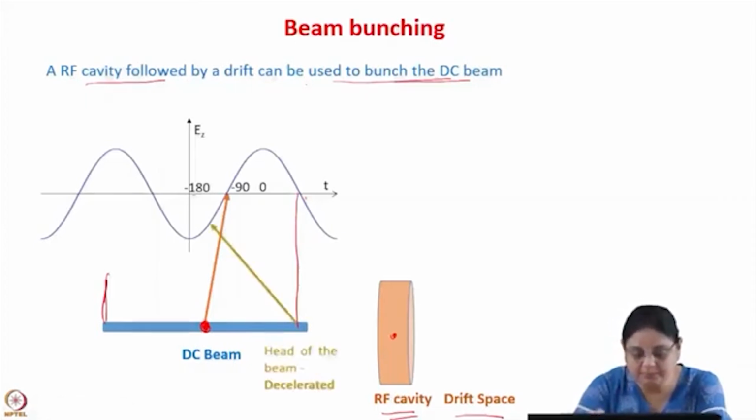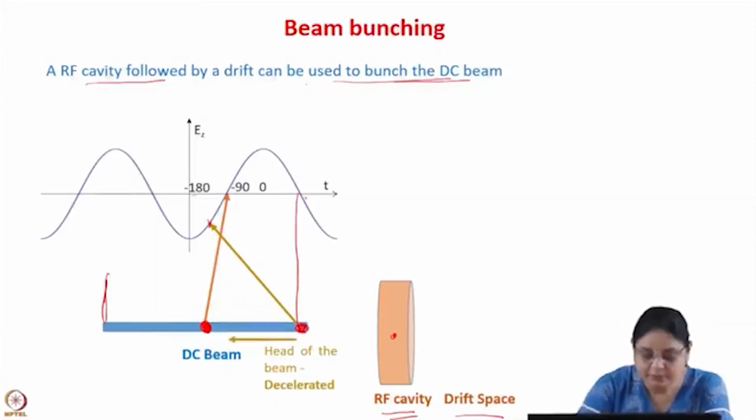Now the head of the beam, the leading part of the beam, arrives earlier than the central part. So it sees a field which is lower than the field seen by the central part of the beam. So it sees a decelerating field, and it gets decelerated.